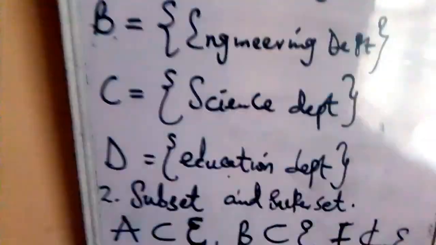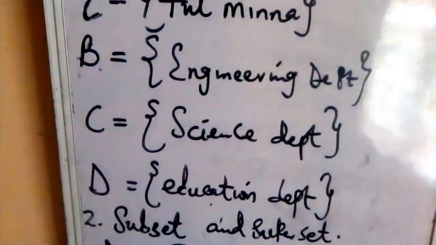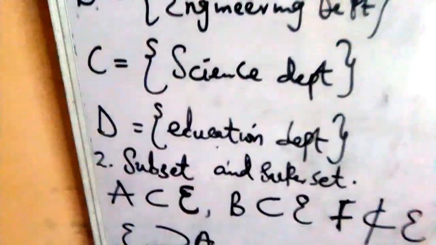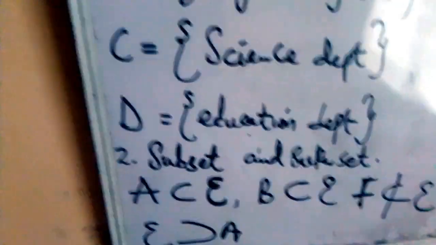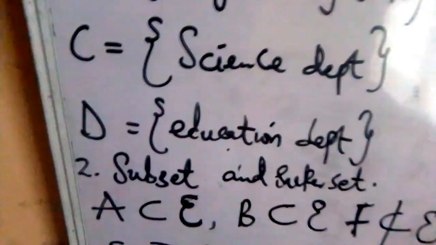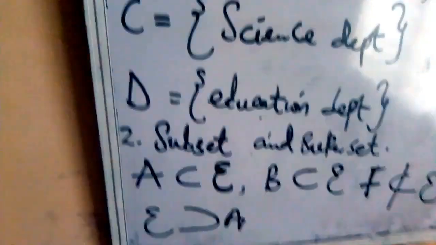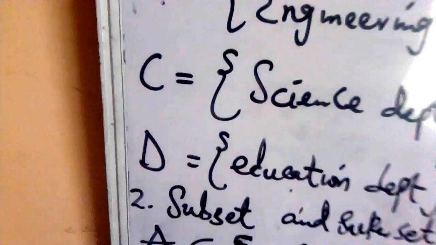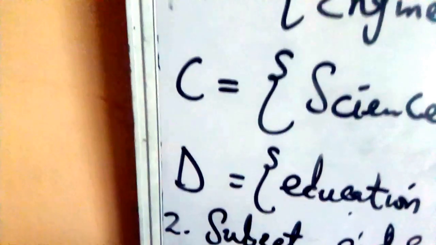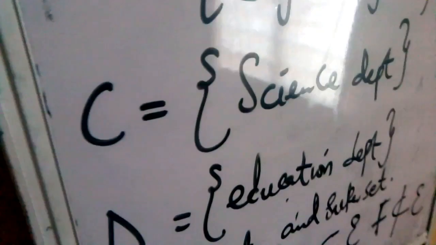We have set D, which is the set of students in the education department. Now we have another type of set, which is subset and superset. Subset and superset. The subset is like in this case we have A. Oh, sorry, B. Let me change this.